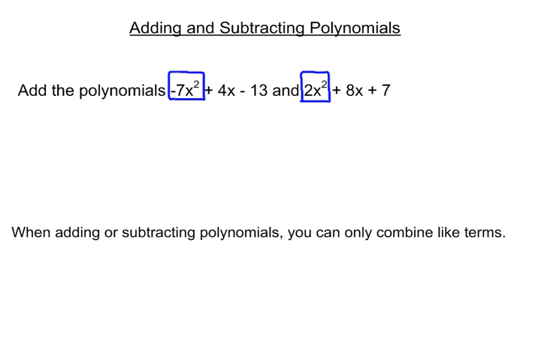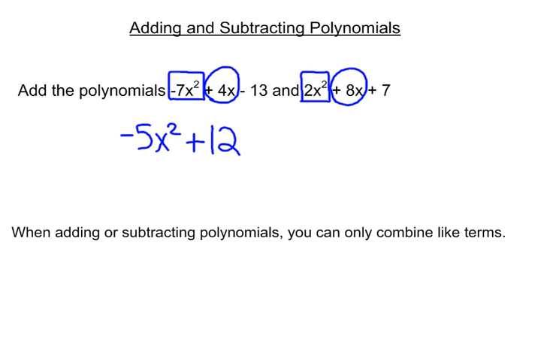So I can combine negative 7x squared and 2x squared to get negative 5x squared. Then I can combine my 4x with my 8x because both of those have x's in just one of them. So 4x plus 8x would be 12x.